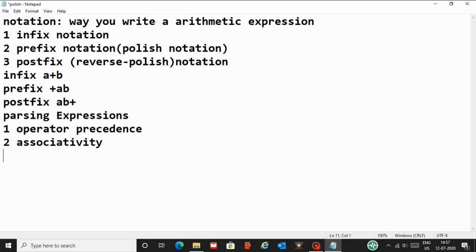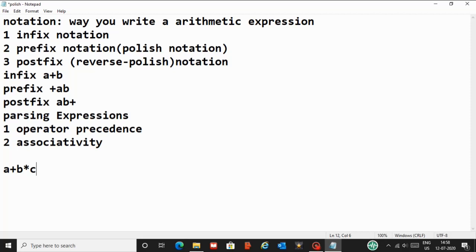Any operand in between two different operators, which operator will take the operand first is decided by the precedence of an operator. Precedence is nothing but priority. For example, I have A plus B into C. Which is the operand in between the two operators?